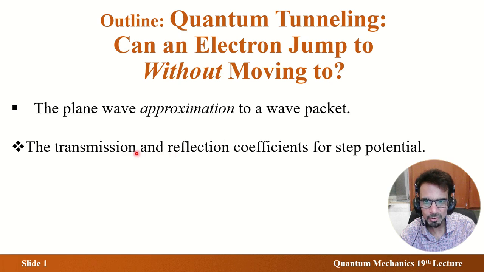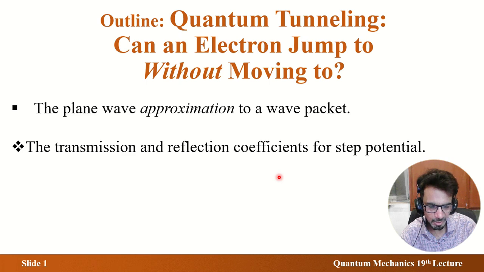Then we use this for a potential which has two values. Both are constants. One can be taken to be zero, the other non-zero, and that's case 2. The first was potential 0, and then 0 and non-zero is case 2, called the step potential. There we have to calculate what are called reflection and transmission coefficients. So the wave reflects and the wave transmits here.